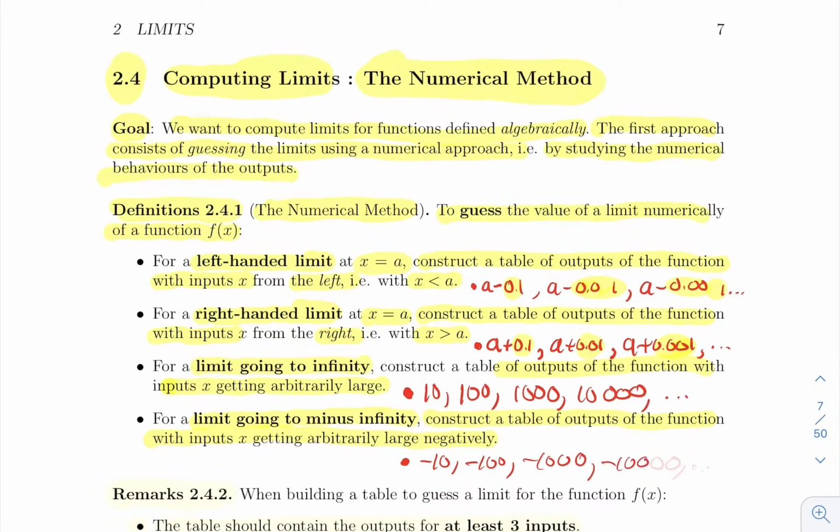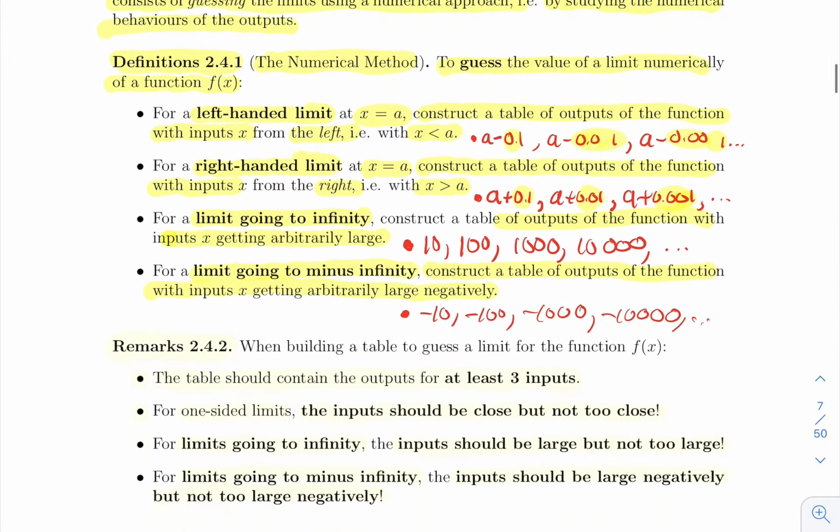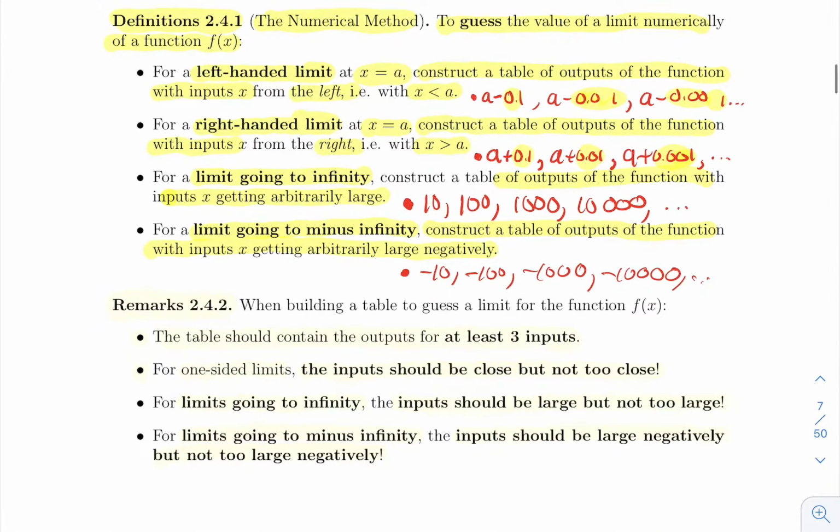And I will typically use only 3, but sometimes you need a bunch of them to really feel the pattern. Okay, so you're basically just computing outputs, and you just need to learn how to choose the correct inputs if you're studying a left limit, how to choose inputs if you're studying the right limit, or if you're going to infinity, just feed it numbers that are getting larger, or for minus infinity, larger but negatively speaking.